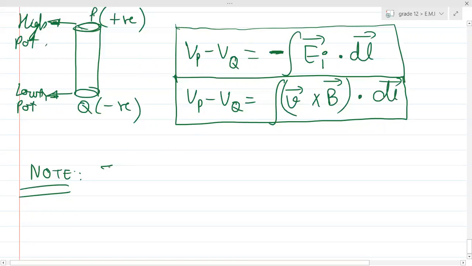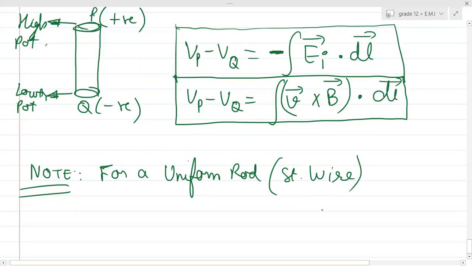So always remember, for a uniform conductor, for a uniform rod, rod is basically a straight wire, right? Whenever there is a uniform rod, then suppose this is P and this is Q, and it says P is slightly positive and Q is slightly negative, then the EMF is equal to Vp minus Vq.